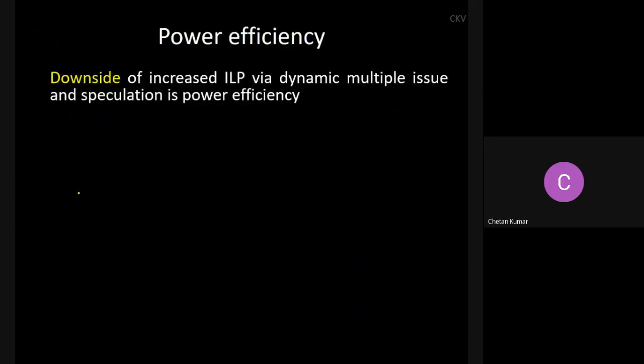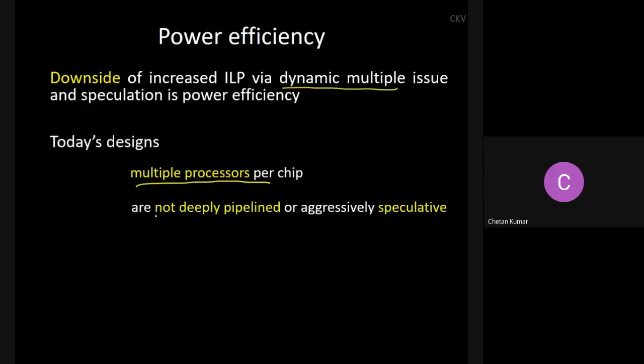Again, when you try to increase the ILP via dynamic multiple issue, there is always a problem with power consumption. So today's designs use multiple processors per chip, and these processors are not deeply pipelined, or not aggressively using dynamic multiple issue. They are simple processors, but the parallelism is achieved by dividing the task among the different processors.